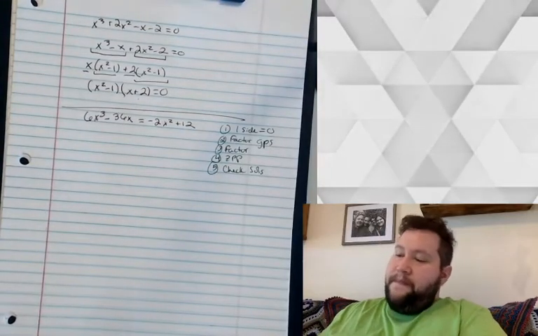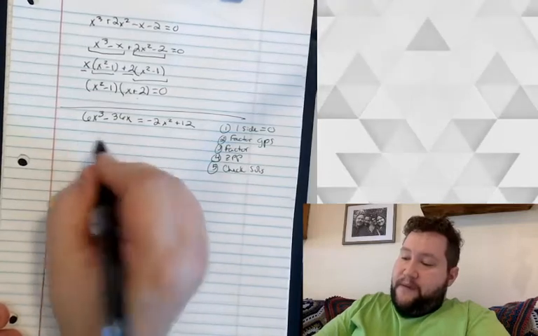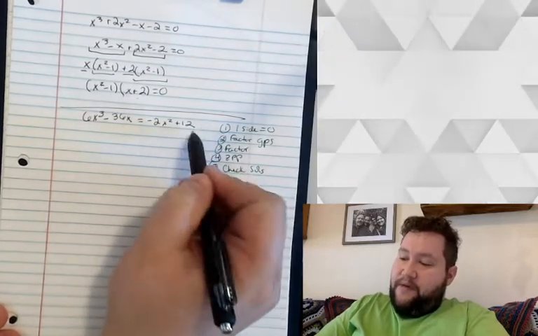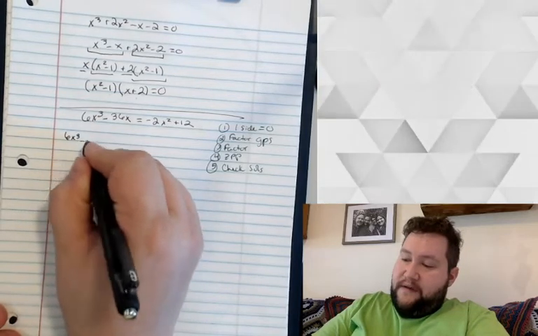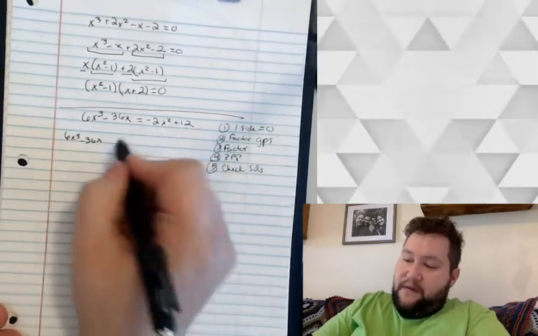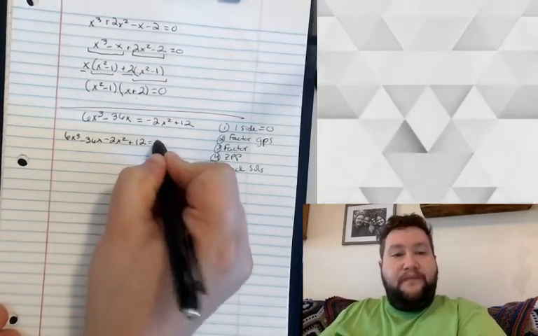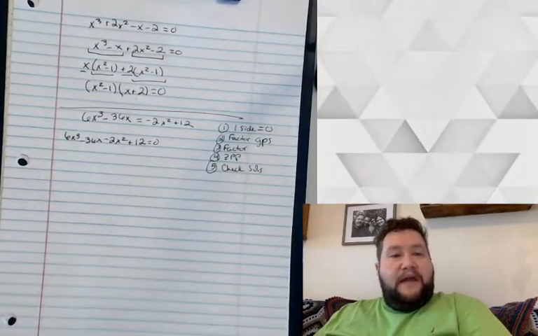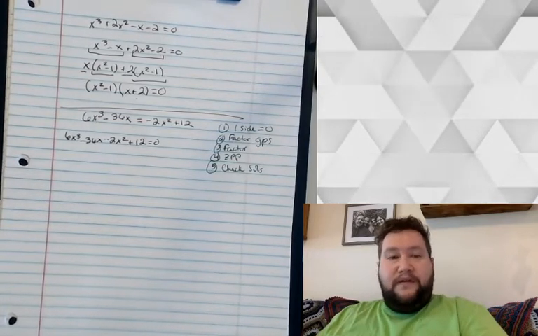And so first let's go ahead and get everything to the same side. So I'm going to add a 2x squared and subtract a 12 from both sides. 6x cubed minus 36x minus 2x squared plus 12 equals 0. And so in this case, again, we could group it two different ways.